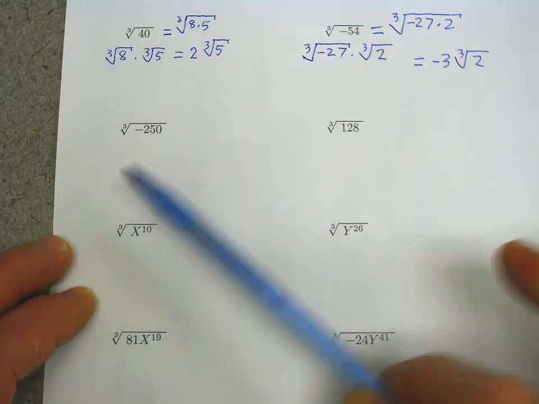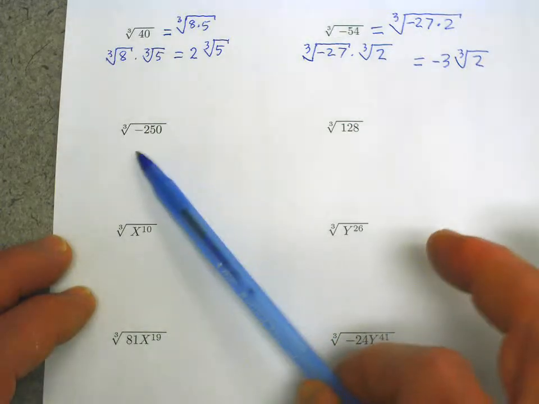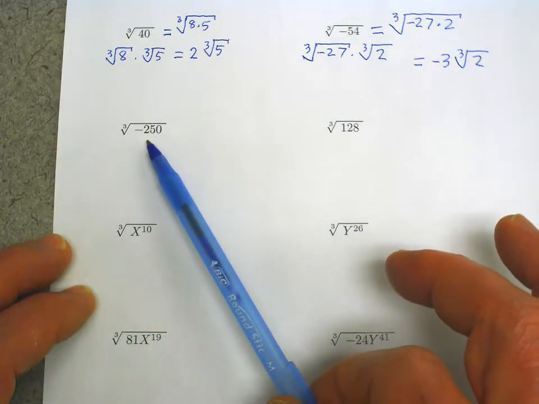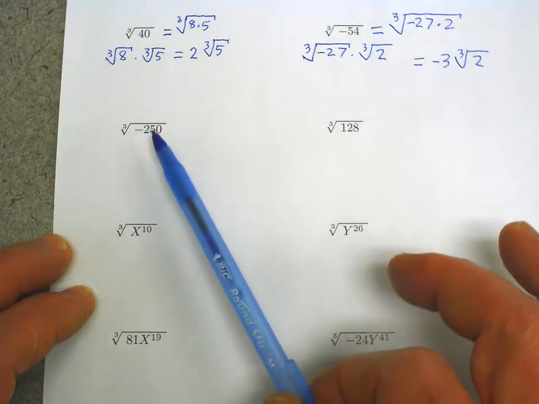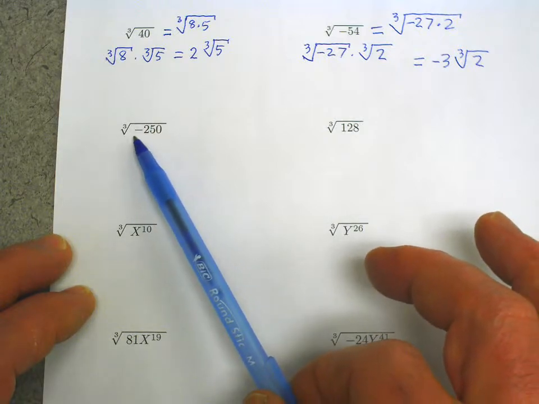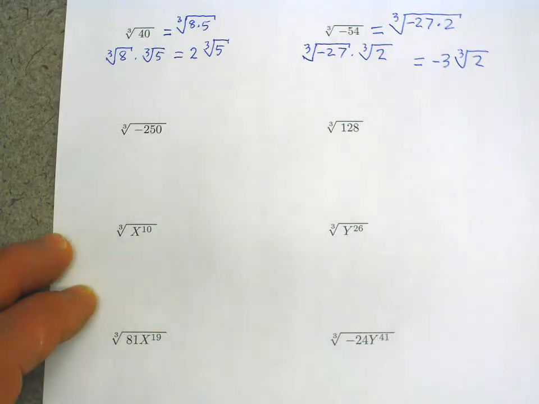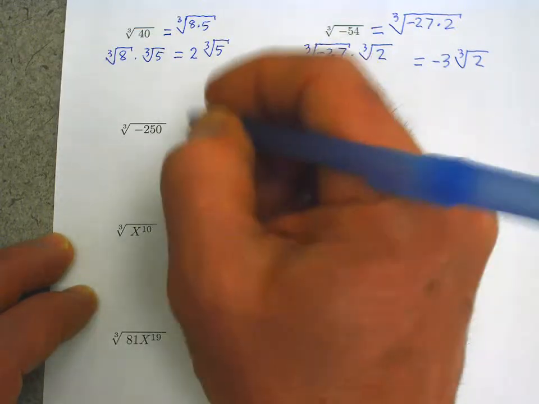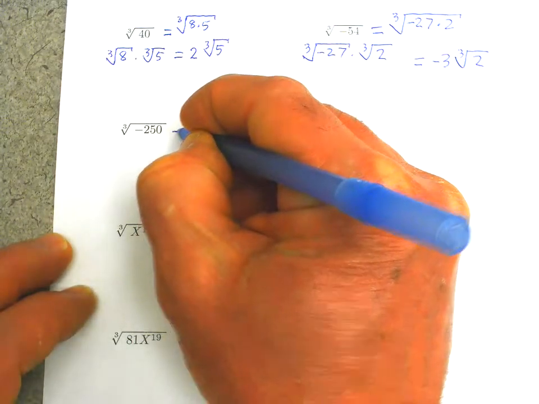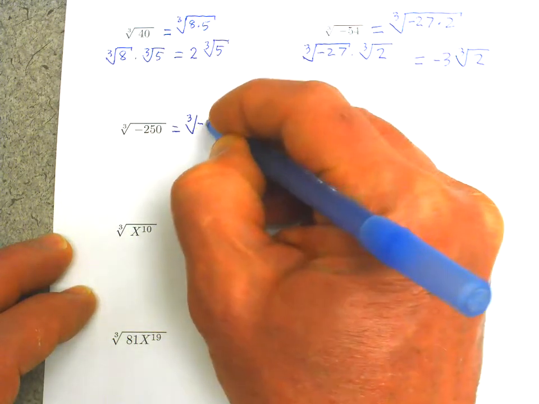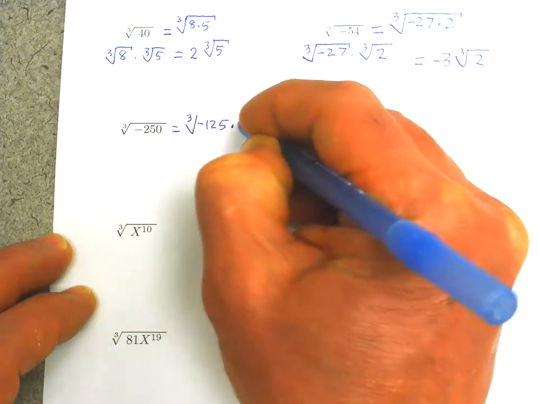Right, I should say the largest one is positive 125 because 5 to the third power is 125. And negative 125 times 2 is negative 250. So I want to think of this one as the cube root of negative 125 times 2.